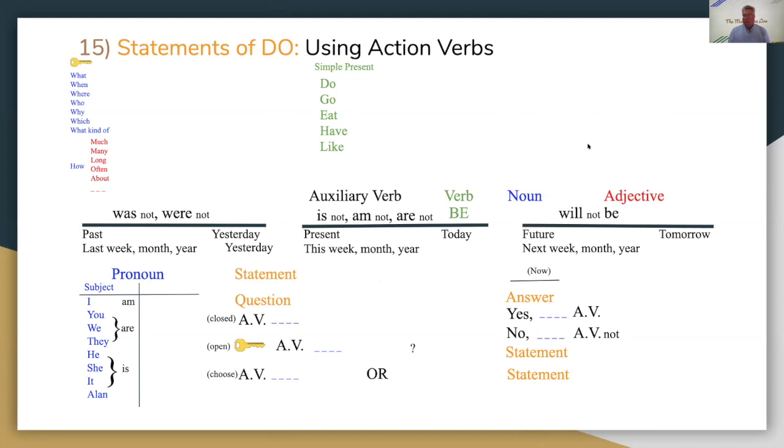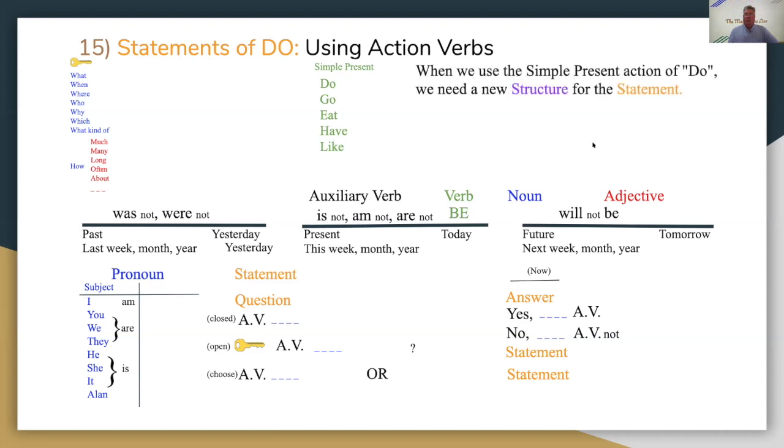When we use the action verbs, we can make a statement, and the statement communicates about the action. It's the same as using the action of be, that we have a very simple formula that we can use. And the formula or the structure of the statement is like this.